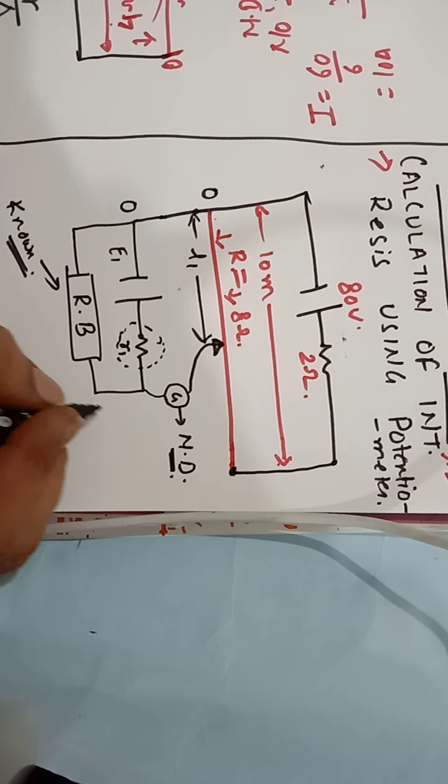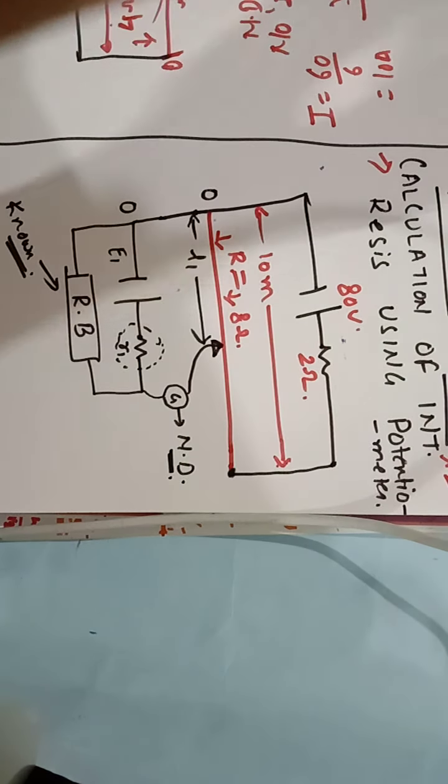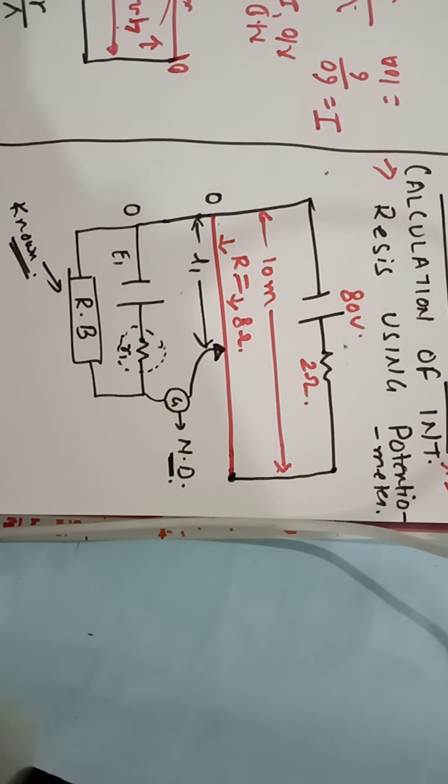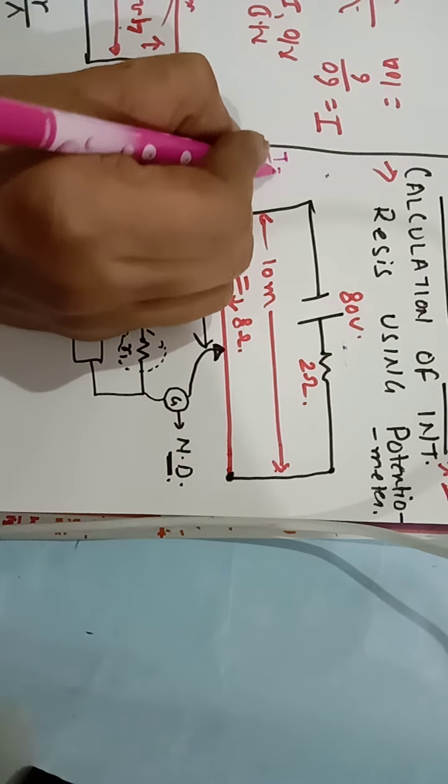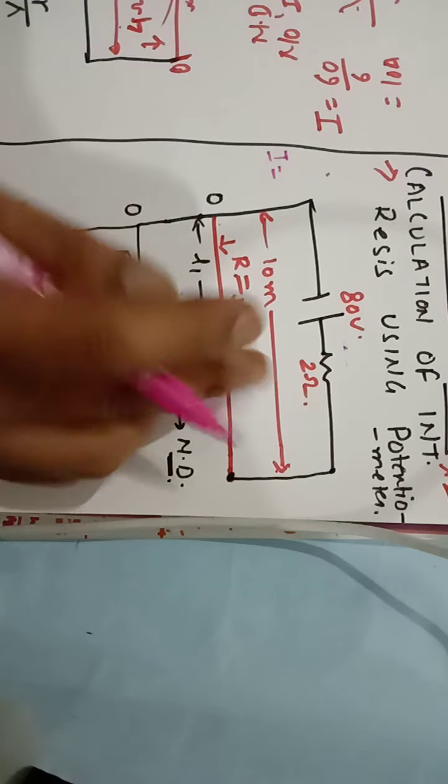What will be this point? We will have to calculate the current for that, right? To calculate the current we will need the resistance values. The current over here is through 2 ohm plus 8 ohm.